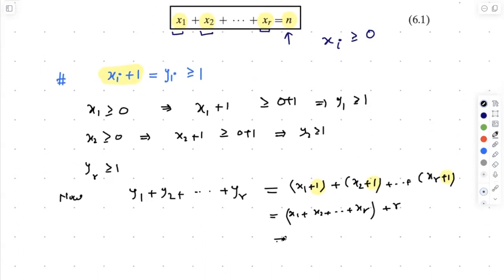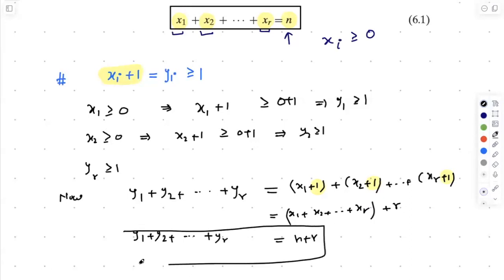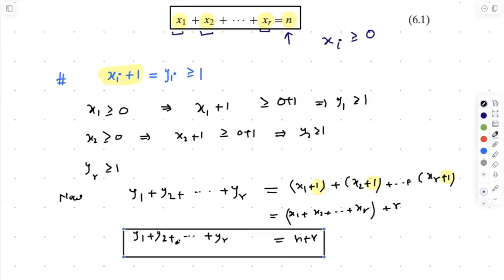So it is going to be n plus r there, and y1 plus y2 plus up to yr is equal to n plus r. So the given problem is now converted into another problem where any yi will take at least one solution. That means positive integer solutions we need.